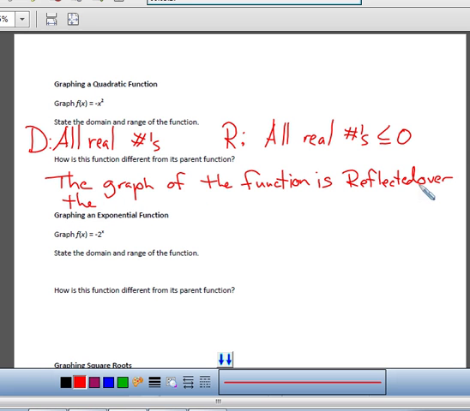I know reflected and over are not one word. Sometimes I get a little sloppy with this pen tool.